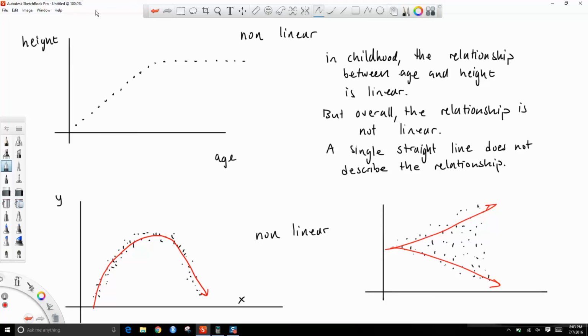So as far as this class goes, we're only going to learn how to describe linear relationships, okay? If you see something and it's nonlinear, all you're going to be able to do is say this relationship is nonlinear, and that's that, okay? If you were to take a more advanced statistics class, you could learn how to describe nonlinear relationships.